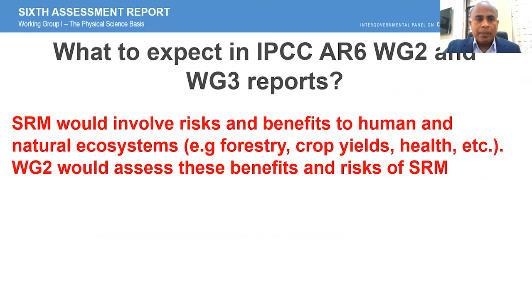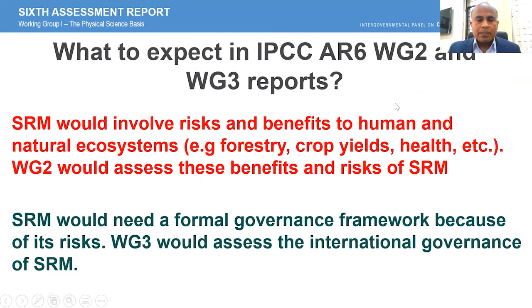And also, because SRM involves risk, it needs a formal governance framework. So Working Group 3 is going to assess the international governance of SRM. This governance framework is expected to cover basically the research as well as possible deployment of SRM. And with that, I conclude my presentation.